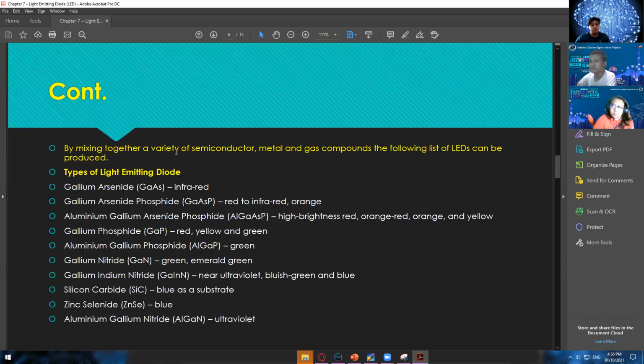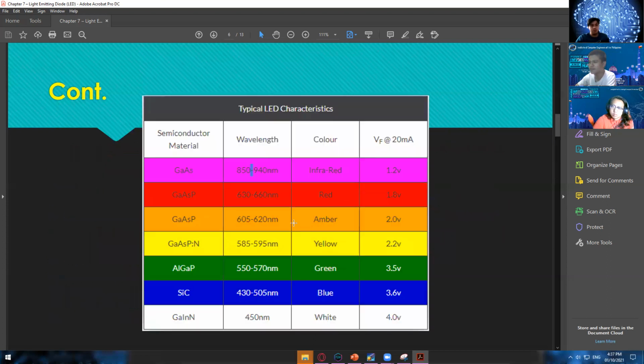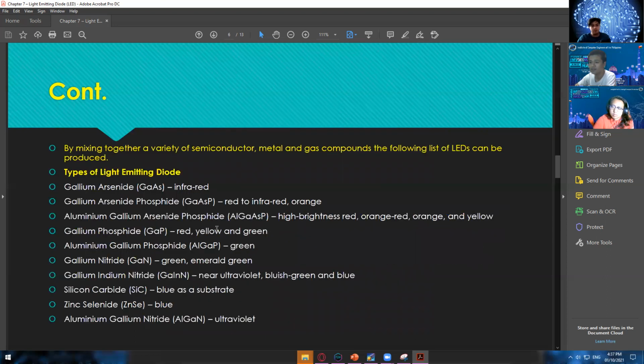And again, by mixing together a variety of semiconductor metal and gas compounds, the following list of LEDs can be produced. Okay, so we have here gallium arsenide. Ito lang yung parang additional. Ito yung mga basic rather. And then ito yung parang lahat-lahat na. Okay, so we can have a emerald green.